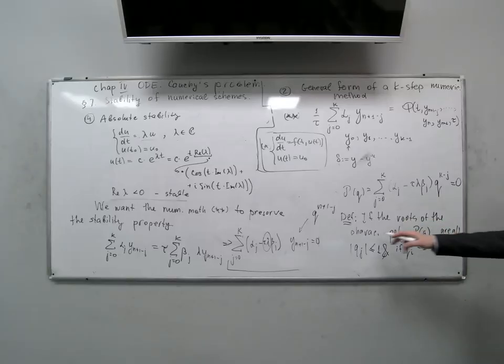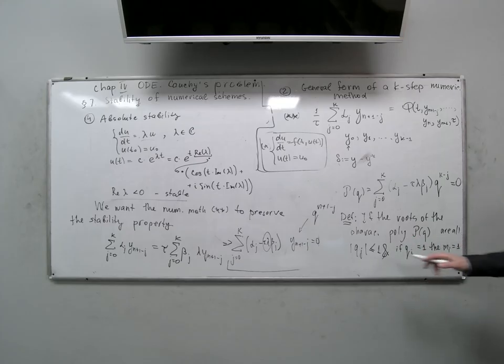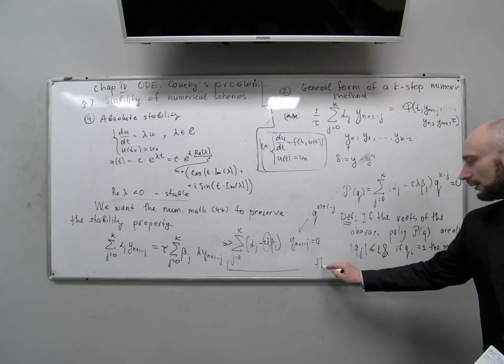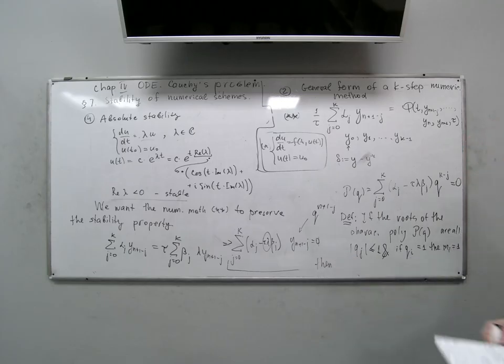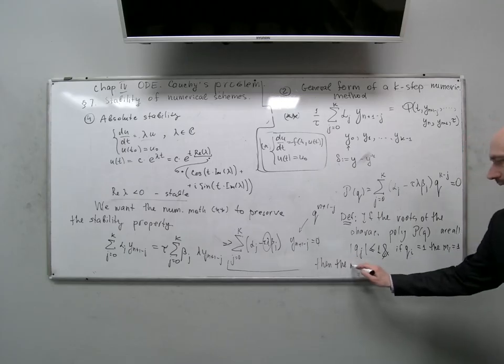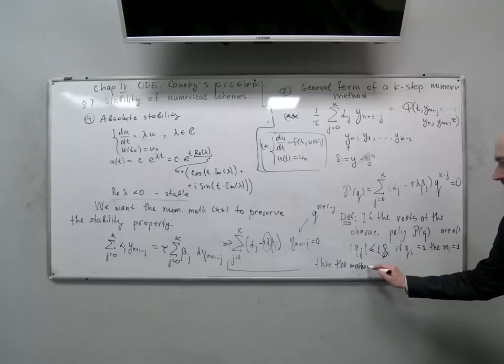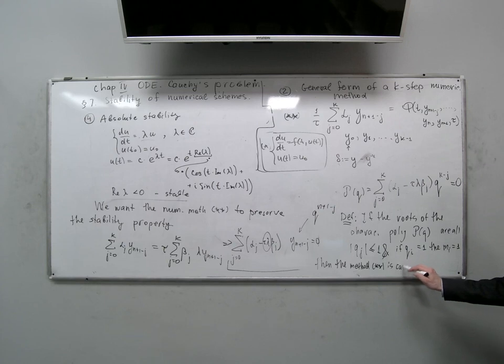If the roots of the characteristic polynomial all satisfy this set of requirements, then the method 2 stars is called absolutely stable. Absolutely stable.